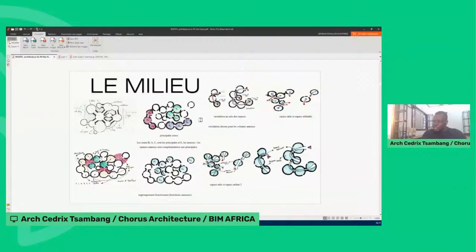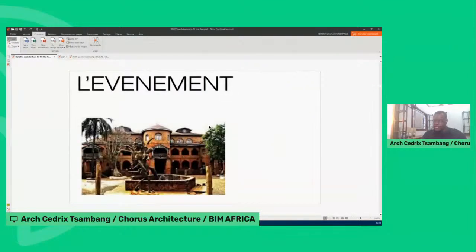We analyze the milieu, and we don't just analyze it by shape or by discussing. We use sensors to be sure how people move in the space, how they go up and down. Here, for instance, is a main palace in the country, a traditional palace, Fumban.